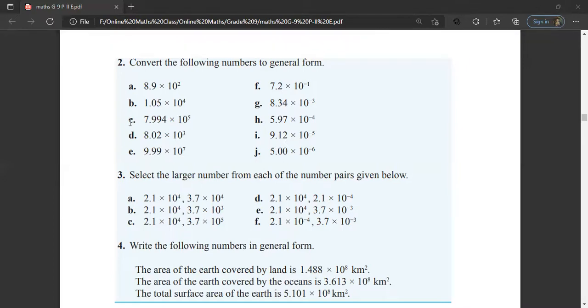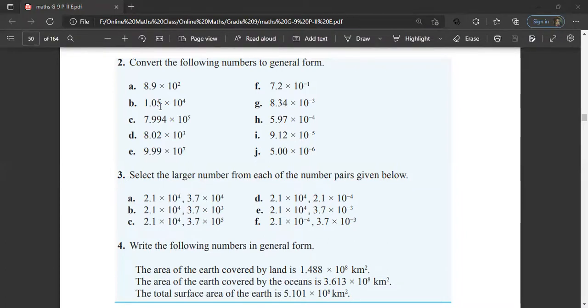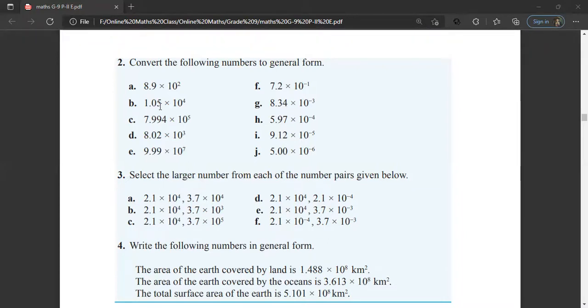Right. C. What is that? The answer? C. Again, I have to tell you. Oshadi, Sandupama, Tarushi, Udita, Tishan. C. 7.994 times 10 to the power 5.